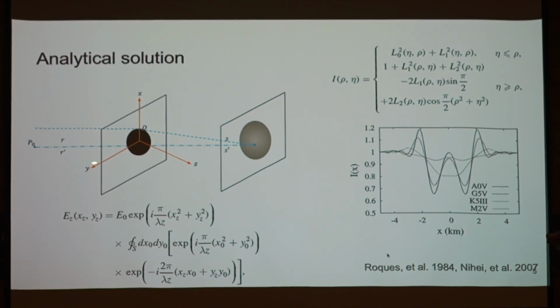It's not the full diffraction integral. And he did it through the Lommel equations. So we have an analytical solution, but only for circular objects.